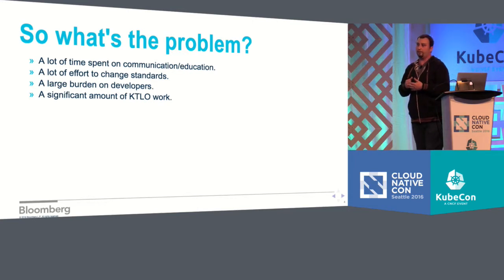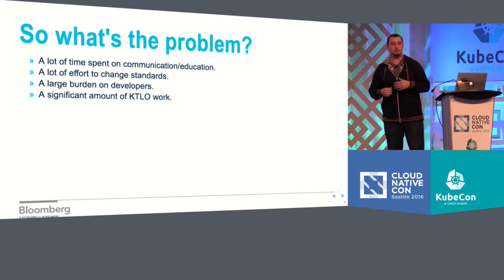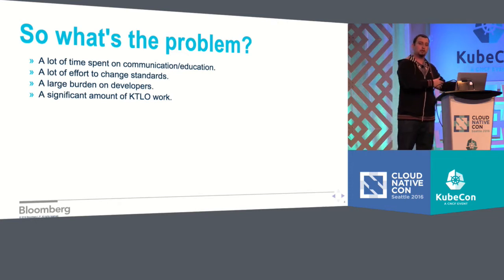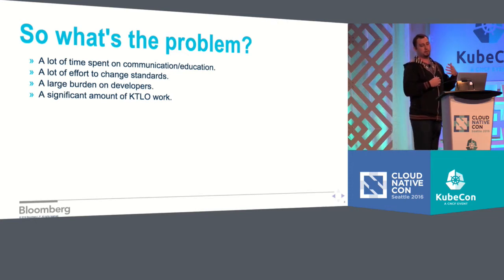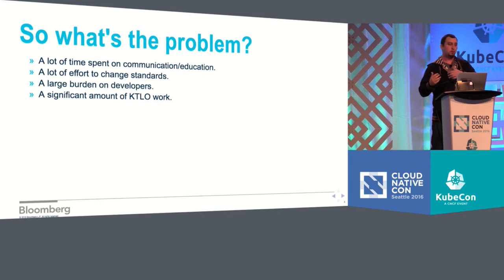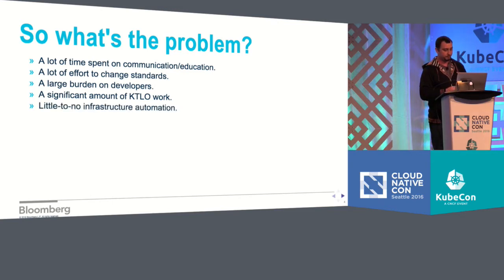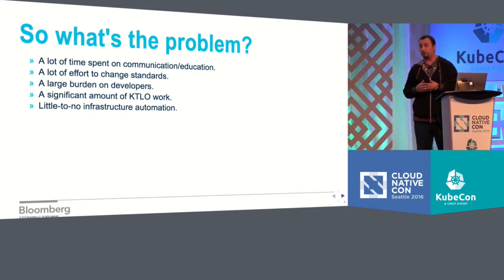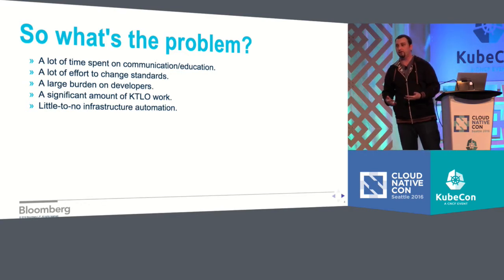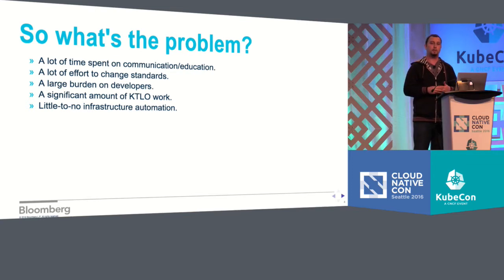We put a lot of effort into maintaining log rotations, troubleshooting issues with old legacy deployment mechanisms, and revamping old solutions that probably aren't going to be sustainable in the future. Another recurring problem is that we have very little infrastructure automation. A lot of what we have historically is still very ticket-driven, and a lot of it is manual operation.